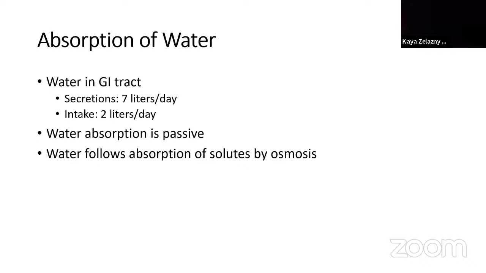Next we get to the absorption of water. We're going to be much less detailed about this than we were about reabsorption in the kidney, but we do want to understand the basic problem here, which is that there's a lot of water in the GI tract for two reasons.